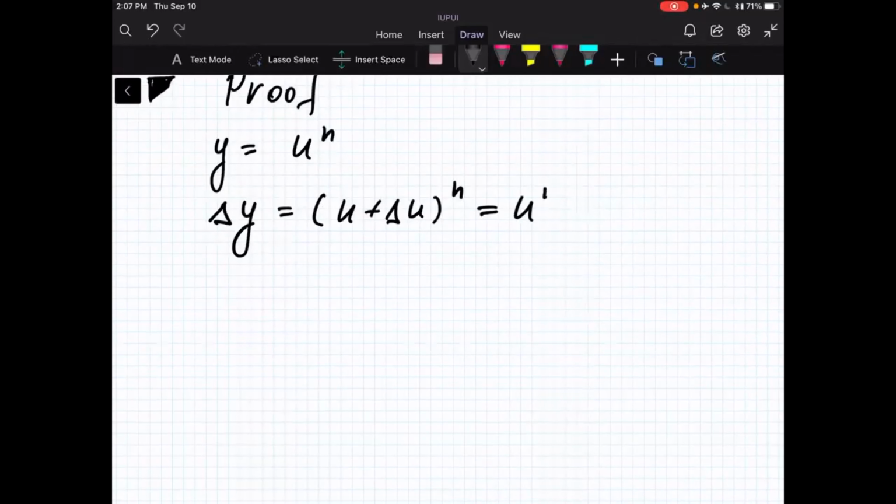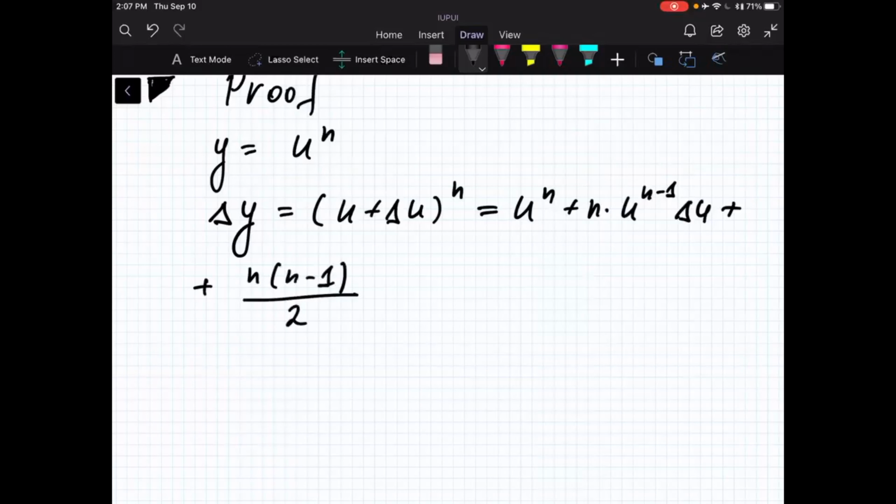It was u to the power n plus u to the power n minus 1 delta u with coefficient n, plus n times n minus 1 over 2 u to the power n minus 2 delta u squared, plus some terms that contain delta u cubed, delta u to the power 4, and so on, plus delta u to the power n.